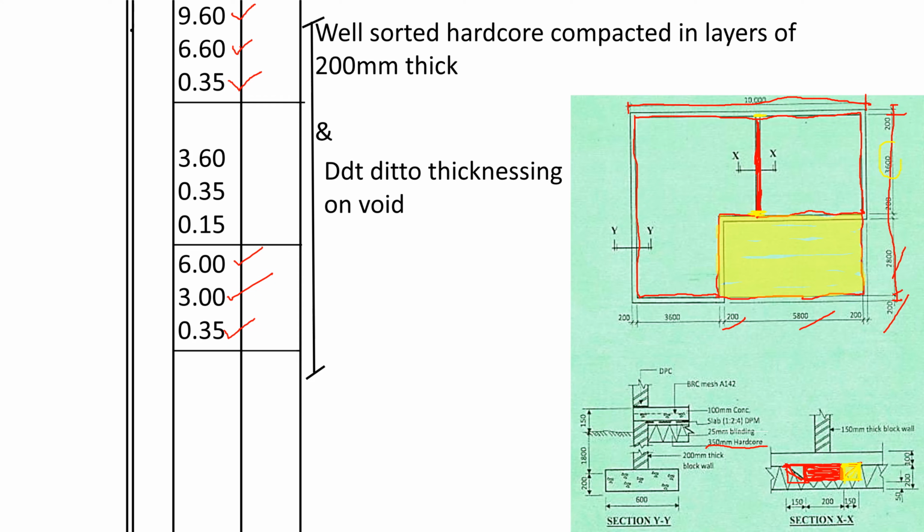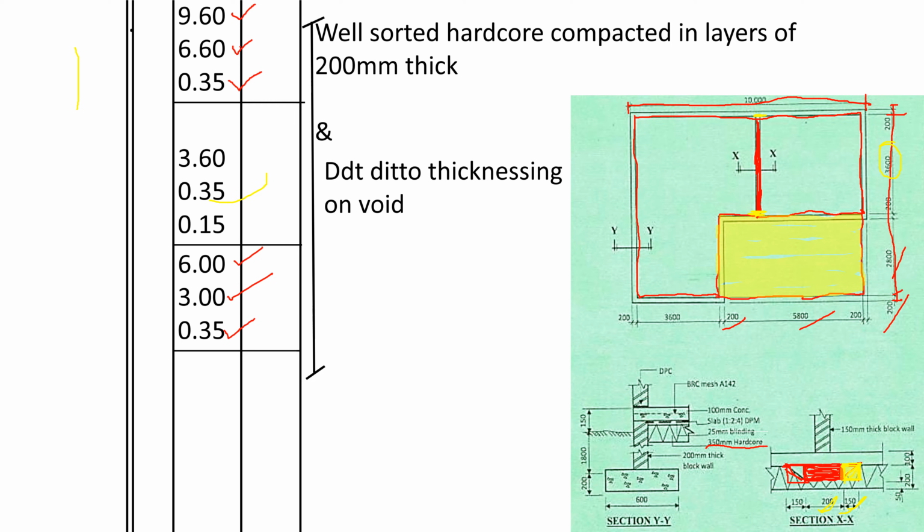Then the width of that trench for that thickening is 0.35, because you shall take this 200 plus 150, which gives 0.35.